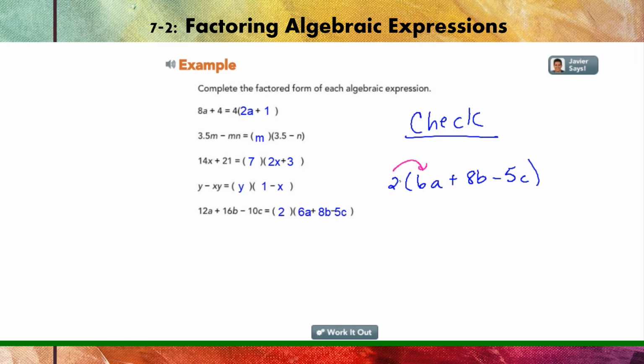So I'm going to multiply 2 times 6a, we know that is 12a, and then 2 times 8b, that is a positive 16b, and then 2 times negative 5c, that is a negative 10c. Now we have to compare it here. If it comes out to be the same, then we know we factored it correctly.